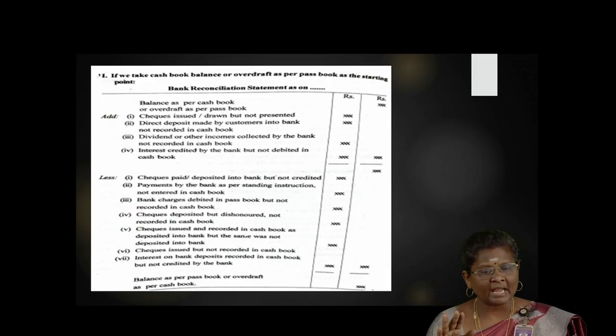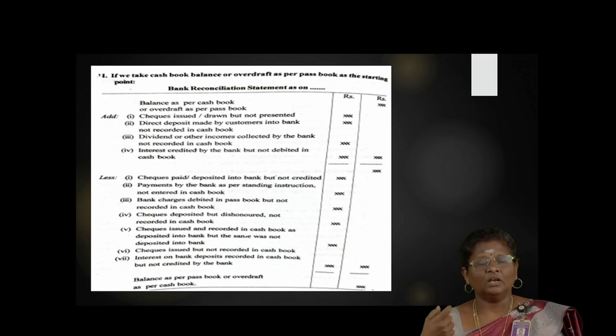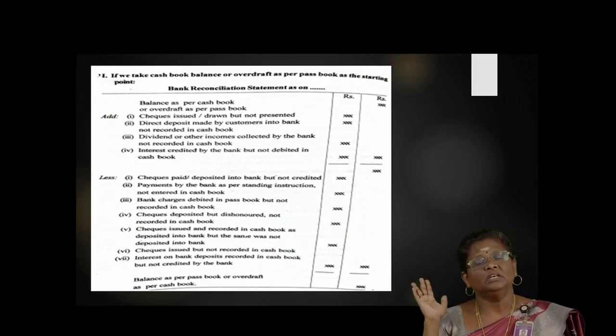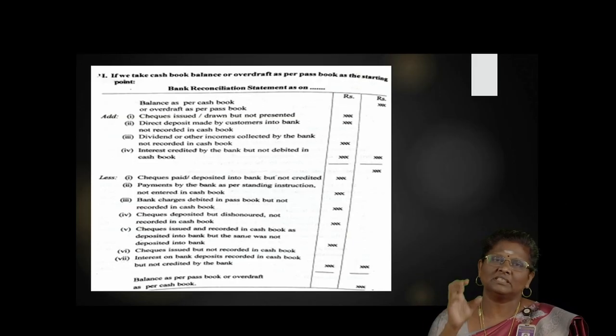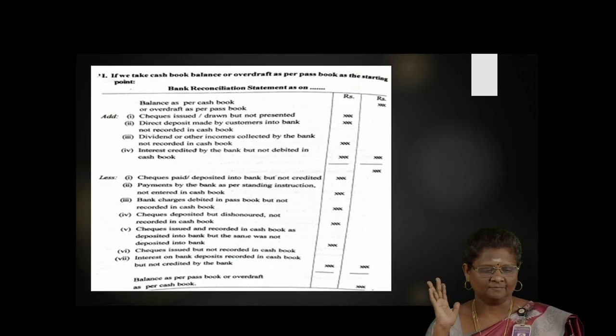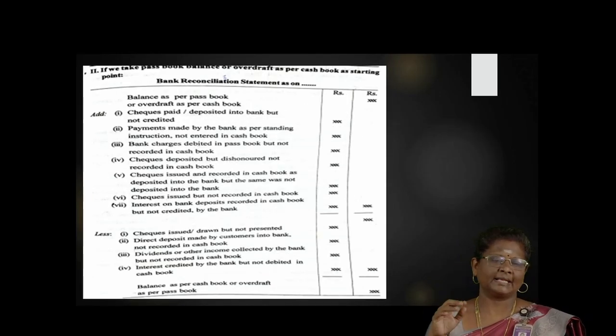At the same time, for overdraft as per passbook, we start from the overdraft balance as per passbook and end with the overdraft balance as per cash book. In these two circumstances, the same rule is followed. Coming to the next one.